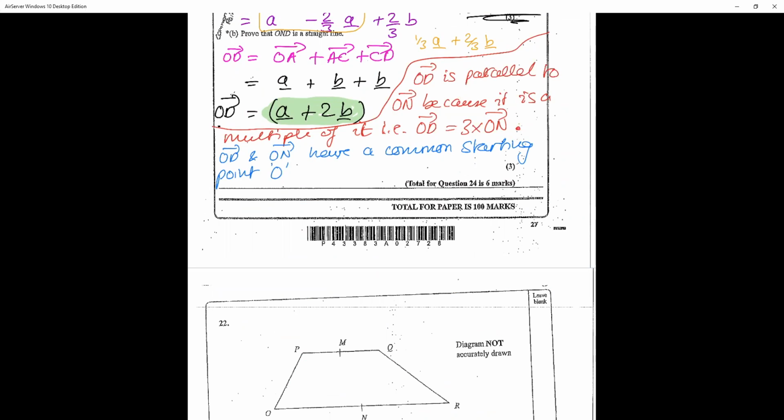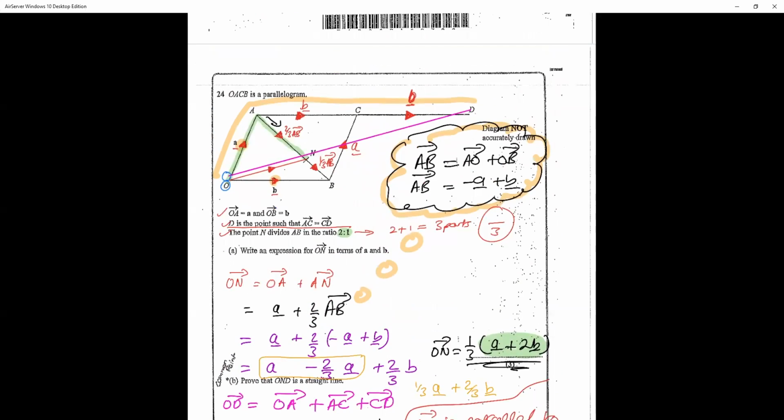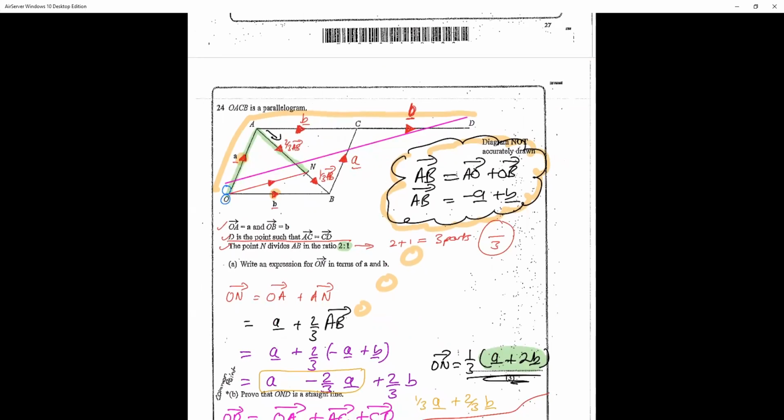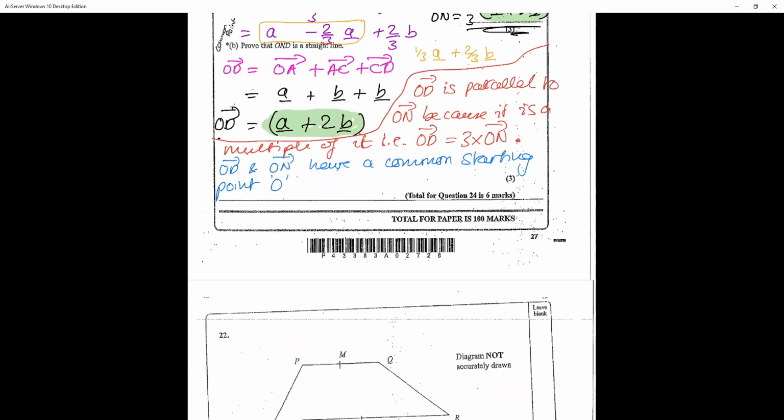What does that indicate that they are? If you have two parallel vectors starting from the same place, does that mean they are physically on top of each other? That's why I moved the line here. If I grab the line and move it back, there you go. I grab the line, move it up again.